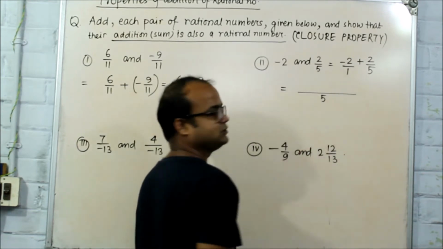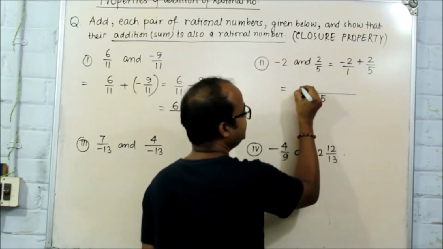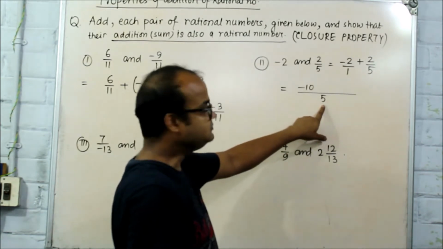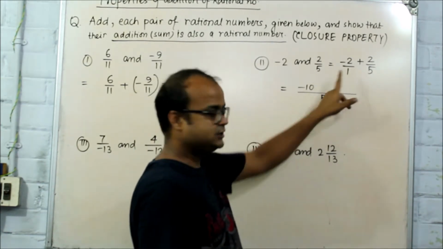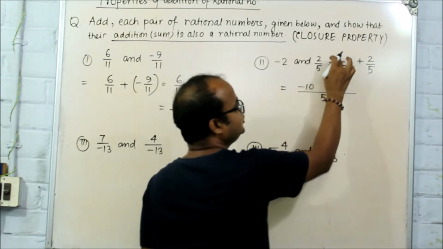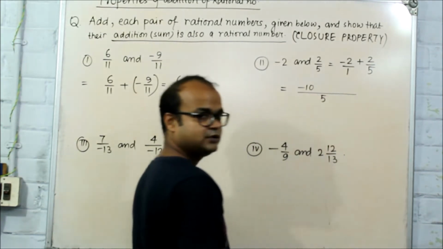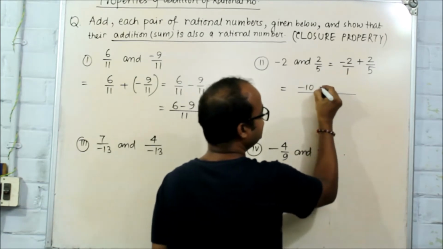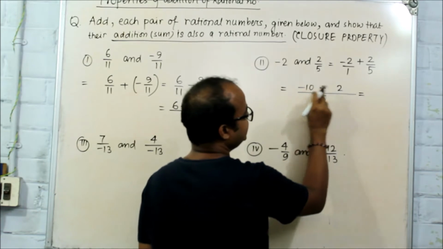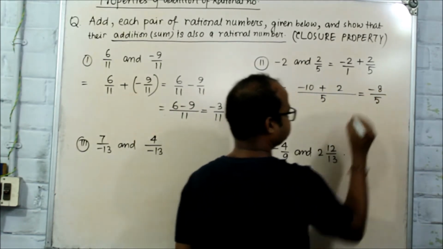Clear? LCM divided by denominator: 5 divided by 1 is 5, multiplied by the numerator minus 2, so minus 10. Then 5 divided by 5 is 1, multiplied by 2 is equal to 2. So this is equal to minus 10 plus 2, that is minus 8 by 5.